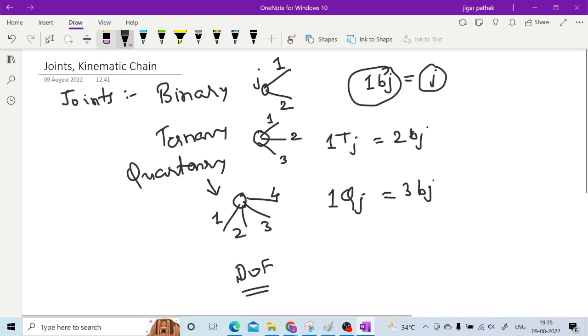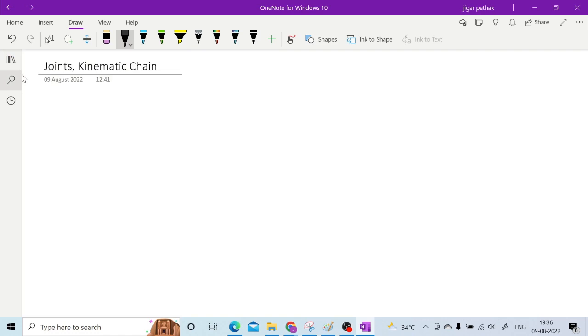Now if you go for the kinematic chain, let us see. Now next is this kinematic chain, right? We have seen these joints. So kinematic chain is whenever you are having a number of links joined in such a way that the first link is attached to the last link, right?